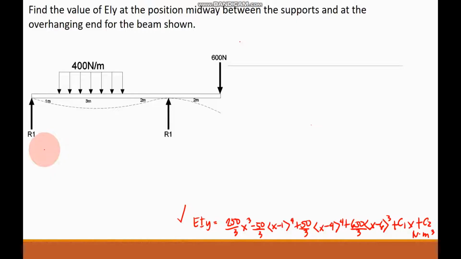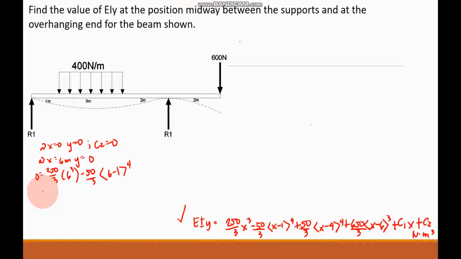So at x is equal to 0, y is equal to 0. Therefore, C2 is also equal to 0. And then at x is equal to 6 meters, y is also 0. So using the deflection equation, we have 0 is equal to 250 all over 3 (6) raised to 3 minus 50 all over 3 (6 minus 1) raised to 4 plus 50 all over 3 of (x minus 4) raised to 4.